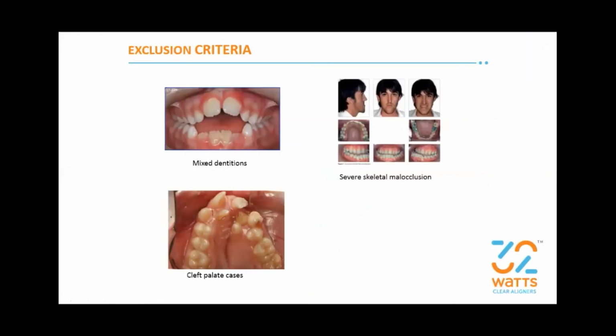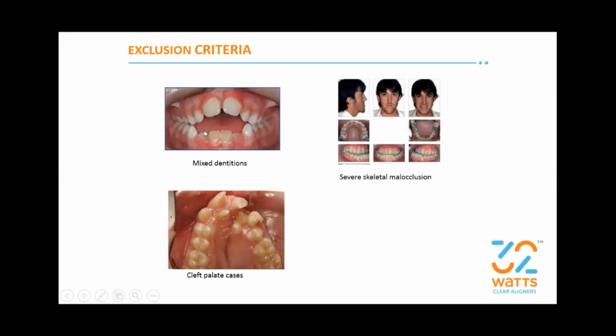Now we have seen the inclusion criteria of what all cases can be treated with aligners, and I have given you the categorization of the cases as mild, moderate, standard, and advanced. Now there are certain cases which cannot be treated with aligners. If we have a very severe form of open bite, they are not treatable with aligners.